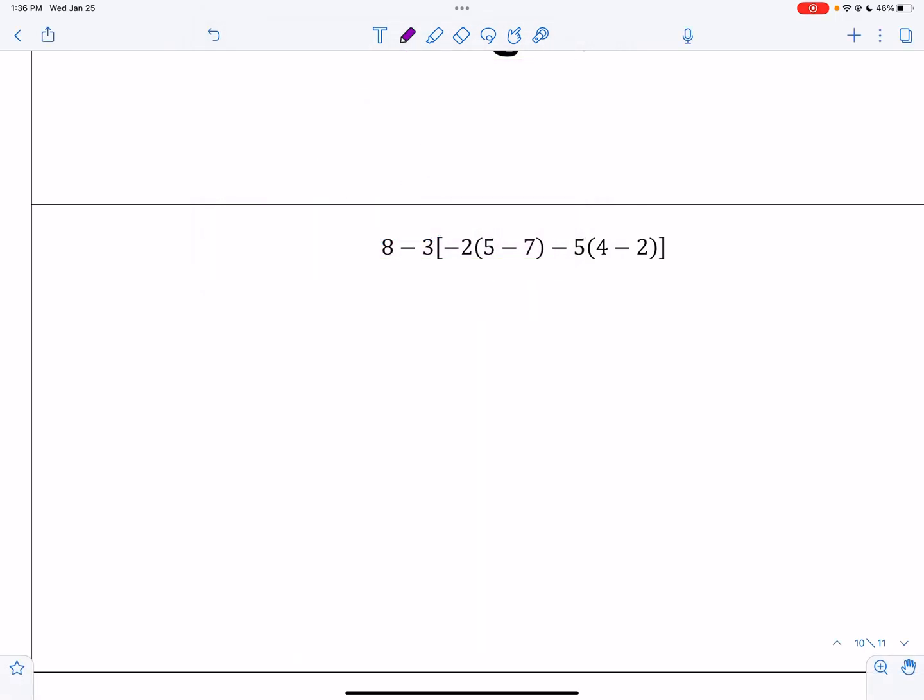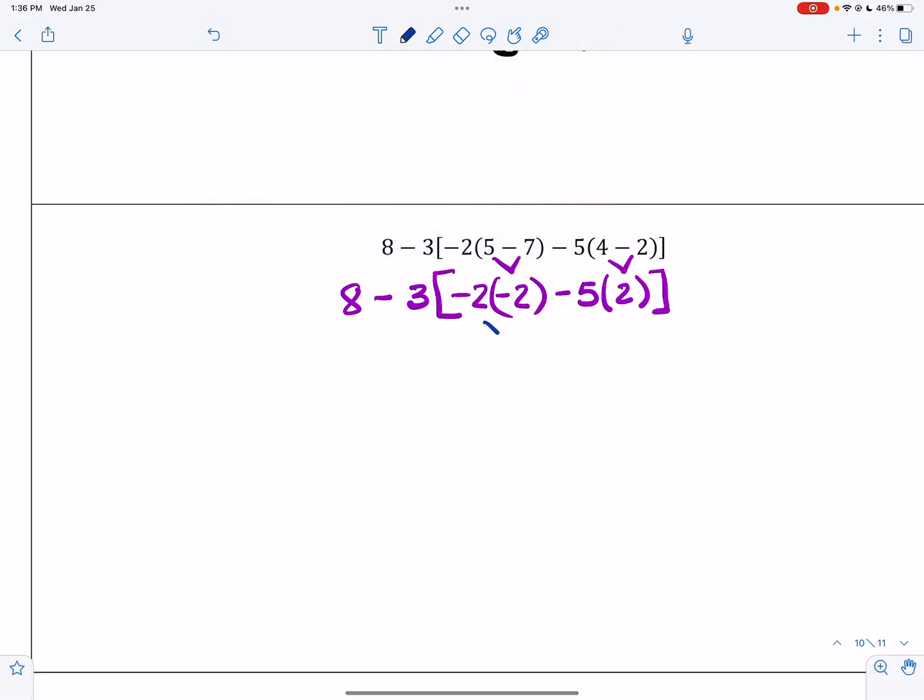So I'm going to take this 5 minus 7, that's negative 2. Bring the original negative 2 in front, the minus 5. 4 minus 2 is 2, and that all stays in brackets with the 8 minus 3 out in front.